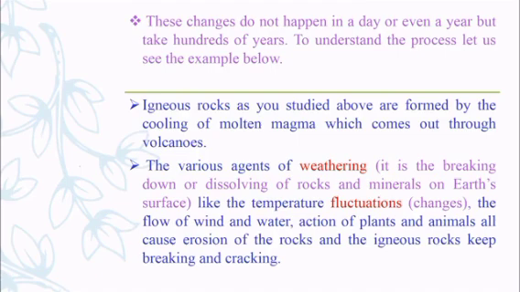In simple terms, weathering means breaking down. So, the various agents of weathering, like temperature fluctuations, where fluctuations means changes, the flow of wind and water, action of plants and animals, all cause erosion of the rocks, and the igneous rocks keep breaking and cracking.